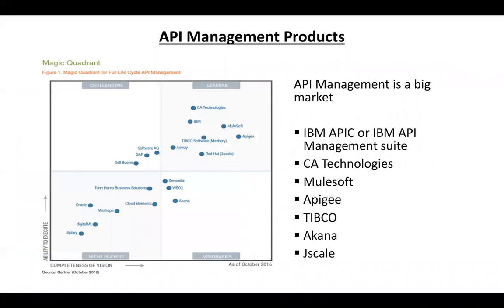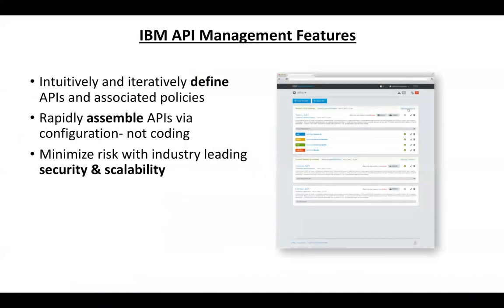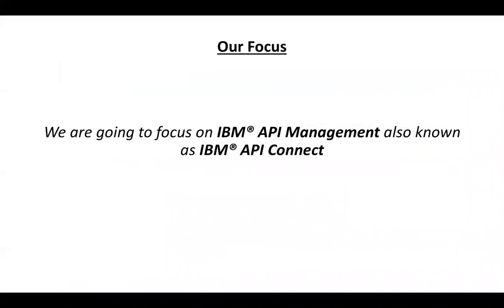We have also discussed that IBM, along with other players in the market, provide different kinds of products that support these API management functionalities. So this was the slide where we left it yesterday. Am I right, guys? Yeah. So from here onwards, our main focus is learning IBM API management and its features.